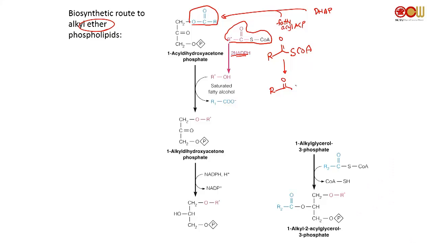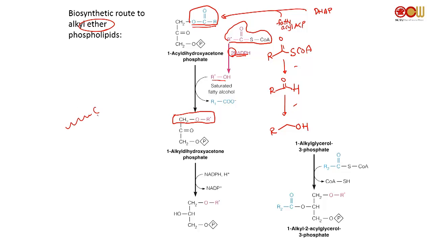So what does a carboxylic acid become with one reduction step? An aldehyde. So this guy becomes an aldehyde. Then you do one more reduction, and it becomes an alcohol. That's why 2 NADPH: one for this step, one for this step. So you generate this fatty alcohol, and then you can substitute it in place of the fatty acid on here, such that you generate this thing. This is the ether linkage.